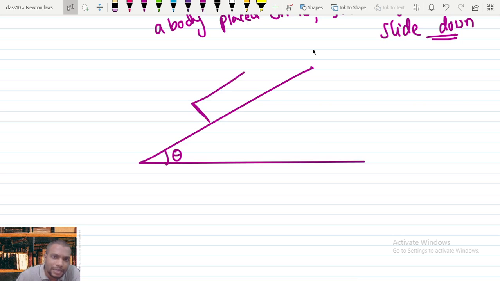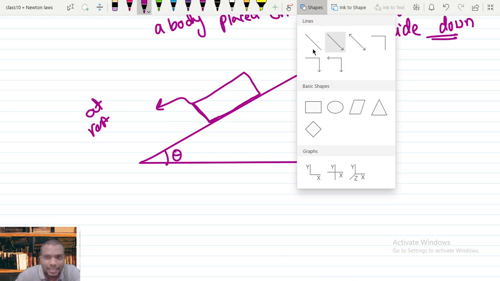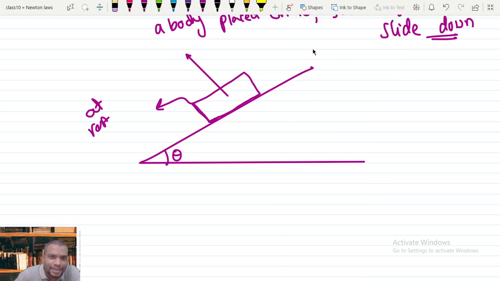If this is a block at rest, the sum of the forces acting on the block should be zero. This is the normal reaction force. Remember, the normal reaction force is always perpendicular to the surface; it does not change the angle.